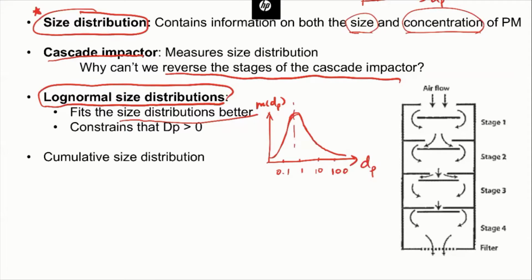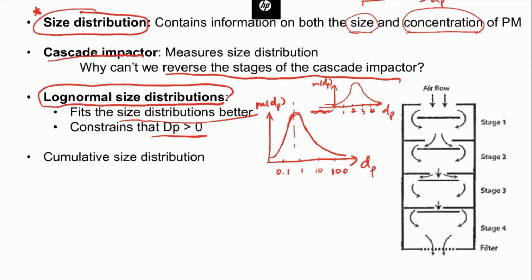On the other hand, the log normal distribution constrains dp to always be larger than 0. When we use Gaussian in linear scale, let's say 1, 2, 3, 4, then there will be a scenario where dp is smaller than 0, and for this part we just cannot explain it.